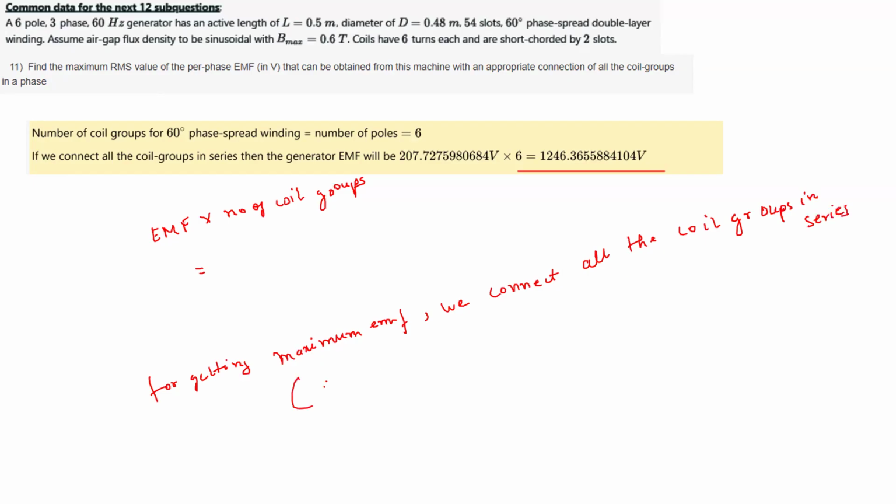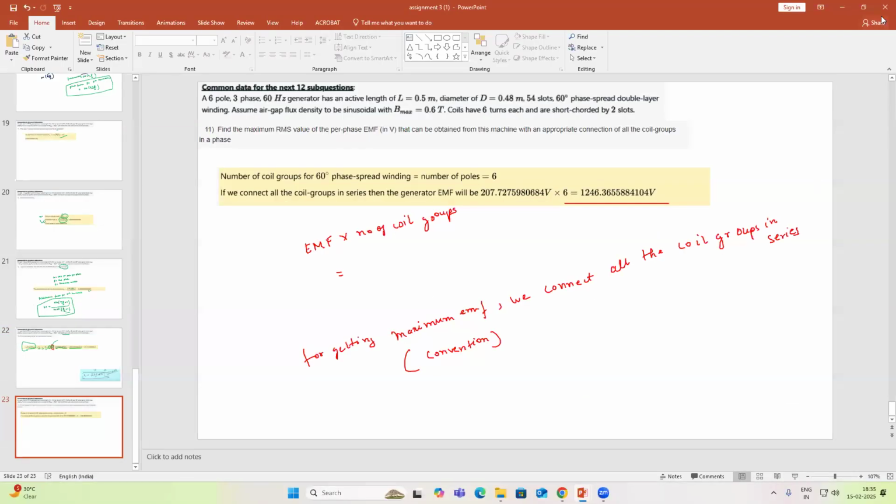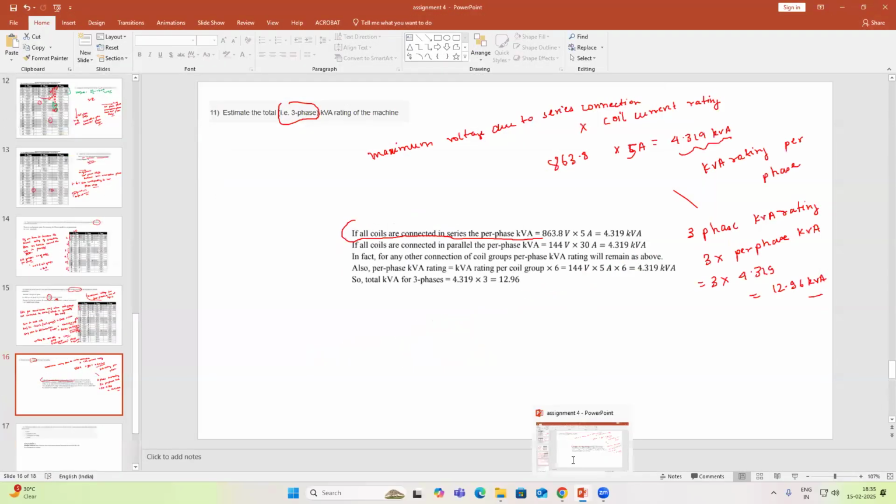And this is the convention. This is generally what is done also. We conventionally want the maximum EMF. We do not do parallel connection. We do it like this only. So this was the previous assignment. Now let us come back to our assignment.